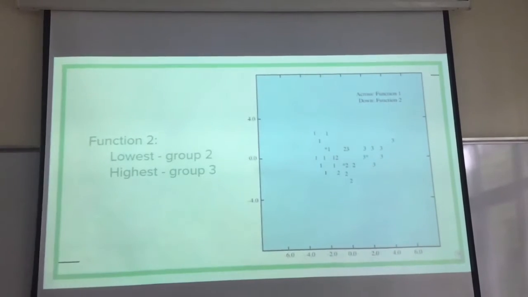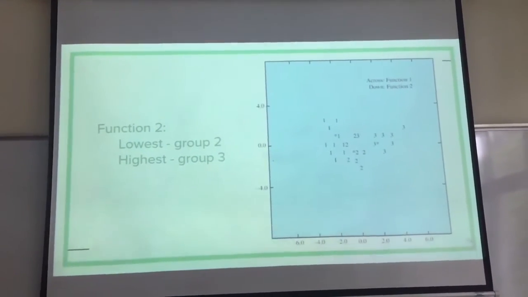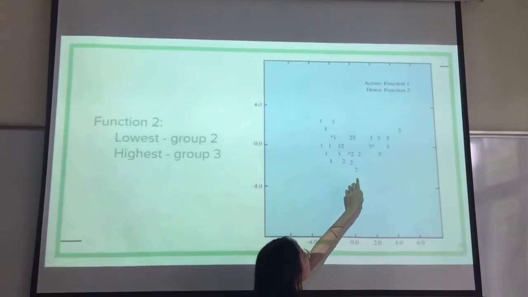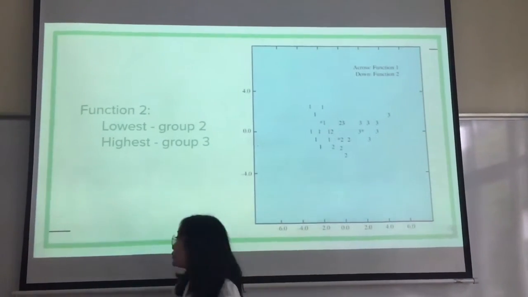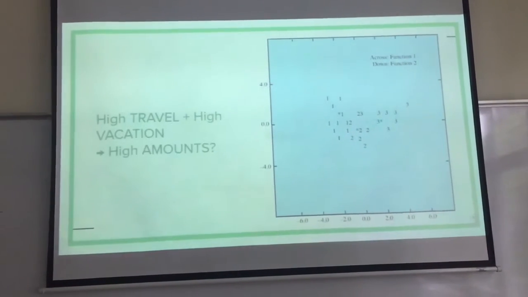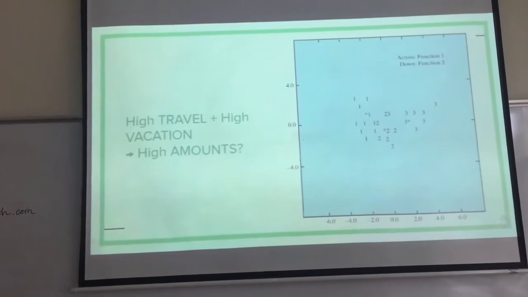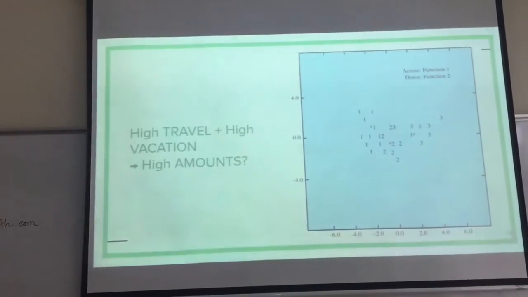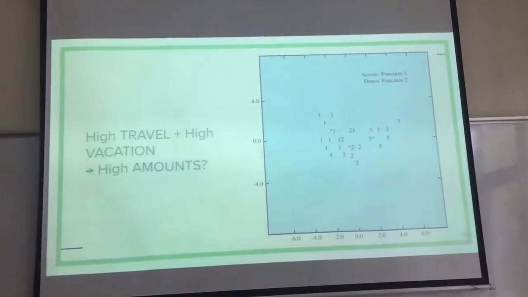While this figure indicates that function 2 separates the groups like this, group 2 has the lowest value and group 1 has the highest value. And this function is primarily associated with travel, vacation, and age.